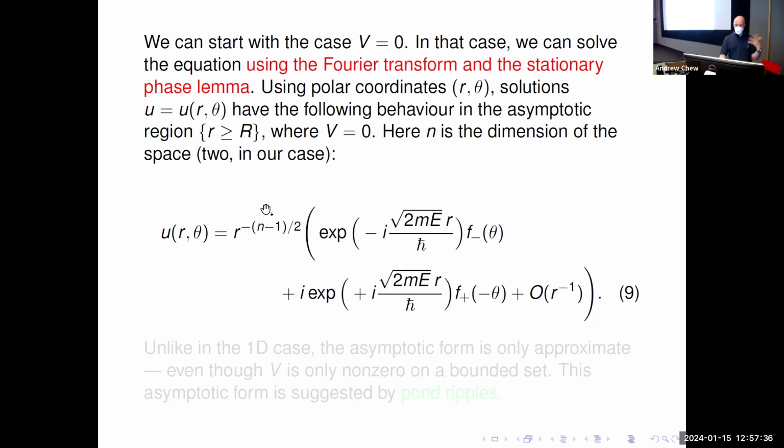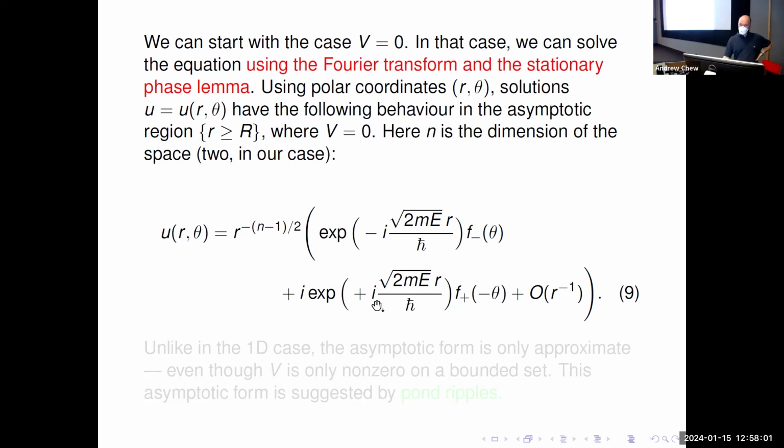But what happens in higher dimensions? Well, now we have r and theta. So we get these complex exponentials, and these can be thought of as radial waves or spherical waves, either moving outwards or inwards. But we also have an amplitude which depends on theta.